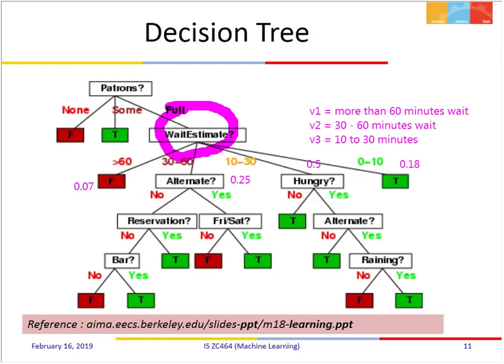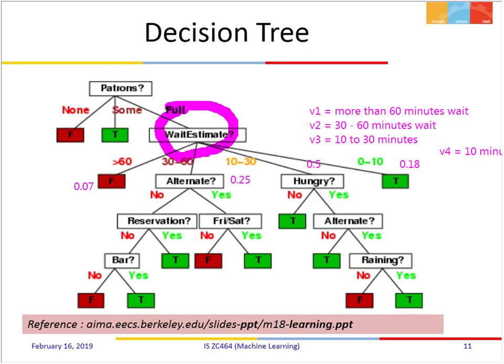Now I'm talking about P1. P1 is in this case 0.07. P2 is equal to 0.25, and then P3 is equal to 0.5, right? And it is not necessarily all the attributes met, all the things met.